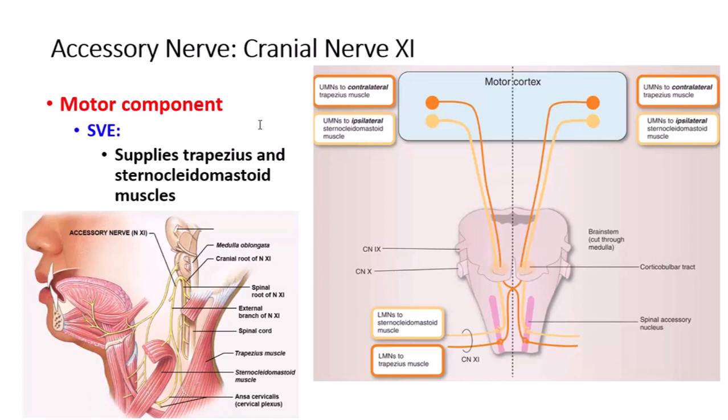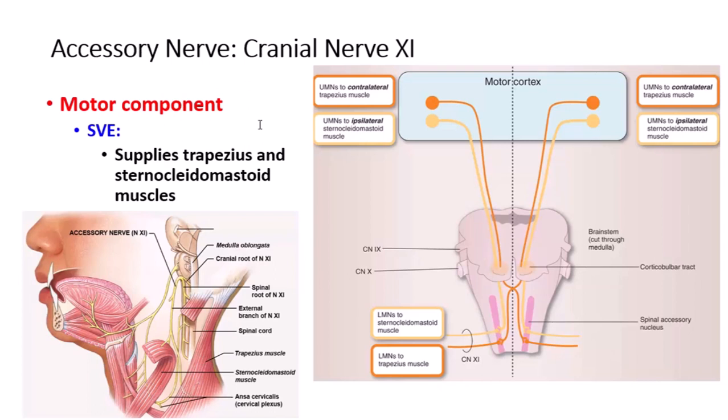For the trapezius muscle, the upper motor neuron is still located in the motor cortex in the frontal lobe, and then it crosses the midline and goes to the other side, and that supplies the trapezius muscle. So this is the trapezius muscle, and it has different functions depending on which part of it is contracting.